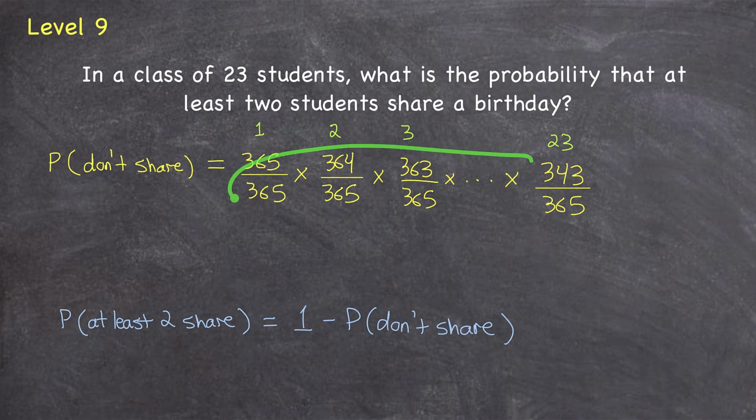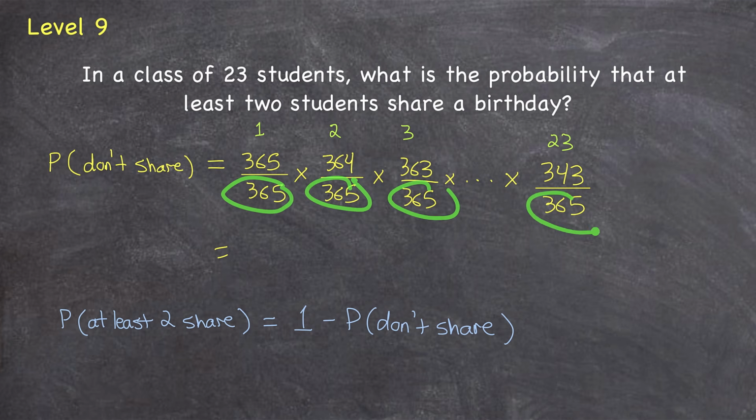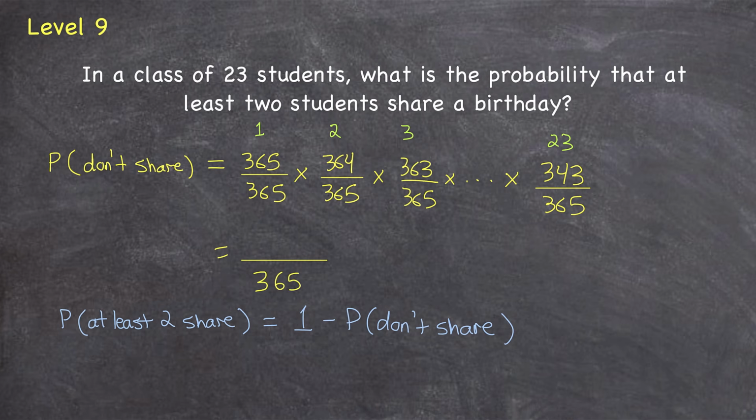Now, all of this multiplication, typing all of that in, would be pretty tedious. We can simplify this a little bit. Notice the denominators of each fraction are 365, and there's going to be 23 fractions being multiplied together. So the denominator could just be rewritten as 365 to the power of 23. And in the numerator, I've got 365 times 364 times 363 all the way down to times 343.